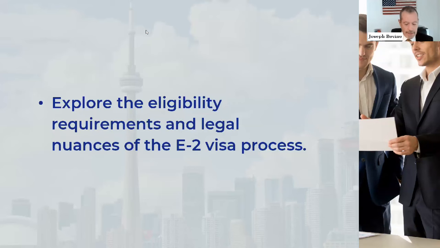You also have to clarify to the embassy that you realize that when your E2 status expires, you're going to return to Canada, or whatever your home country is. The E2 visa for Canadians is 5 years. You can renew it indefinitely, maybe for a lifetime, as long as your business is operational.